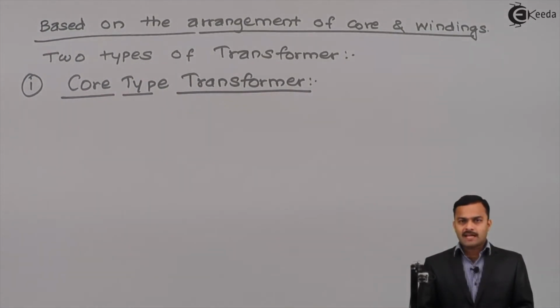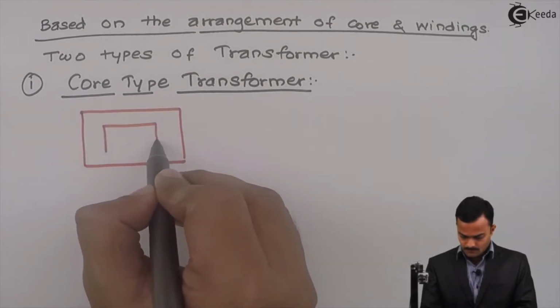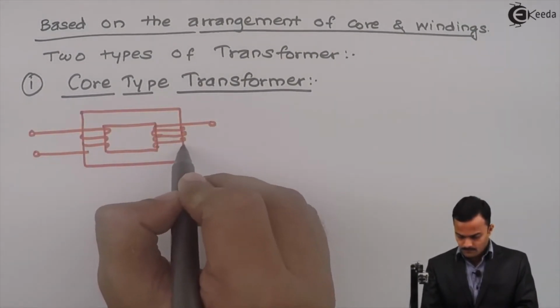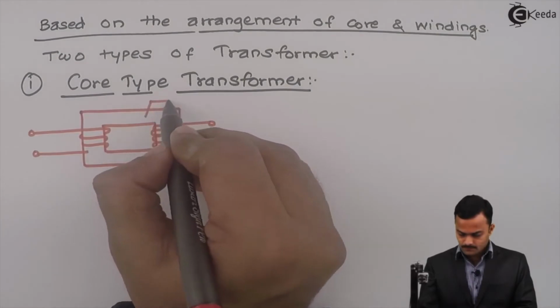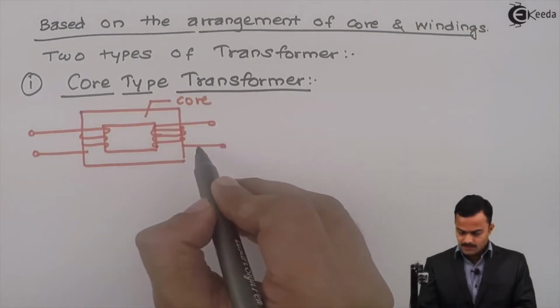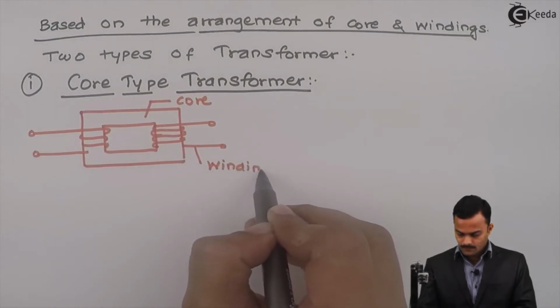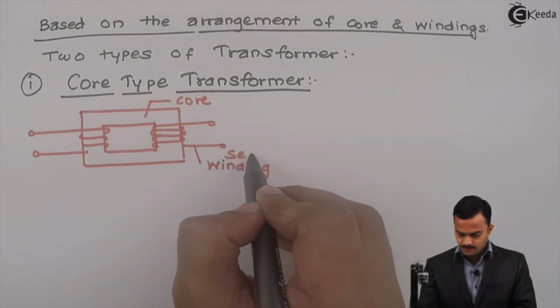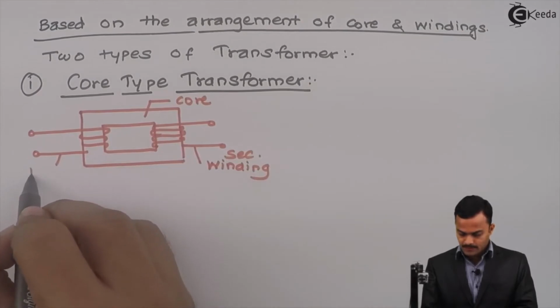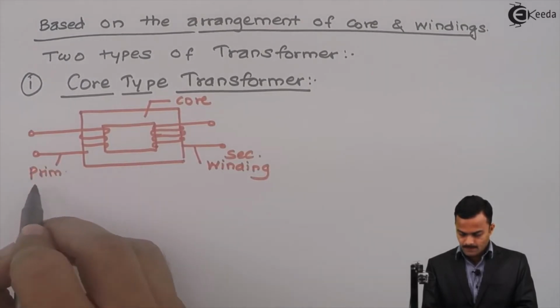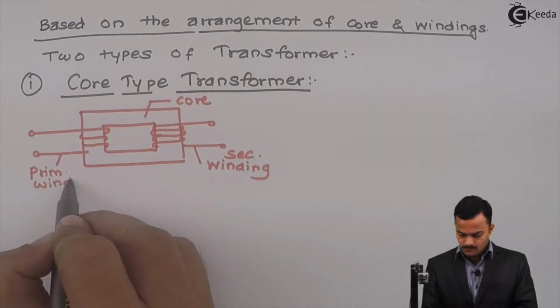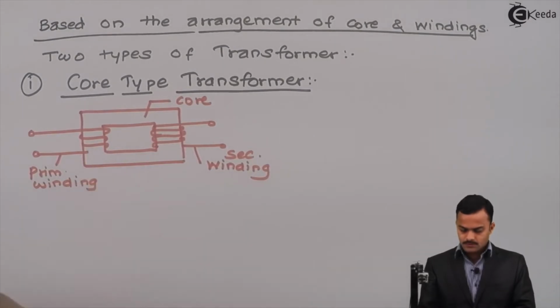So core type of transformer is like this. This is core and these are windings. This is secondary winding and this is primary winding. Now what is so special about this?